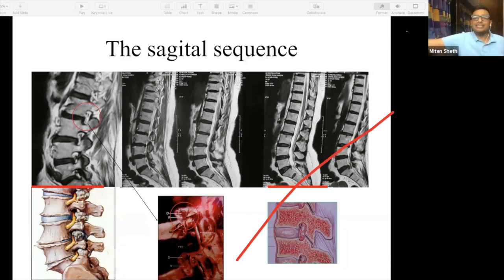Those 16 images are basically cuts done from one side of the spine to the other, most likely from right to left. You can also see in the corner it must be written R to L. That's basically what the sagittal images are for. Understood?